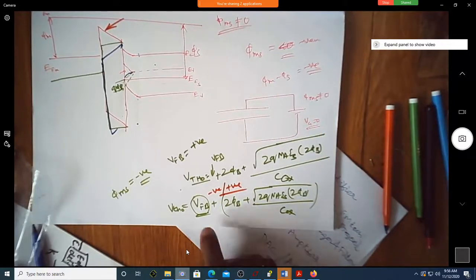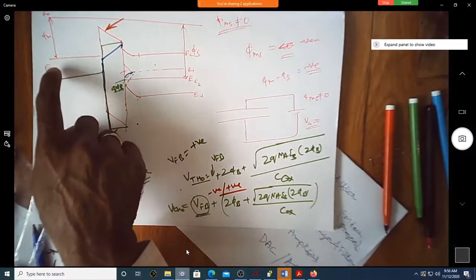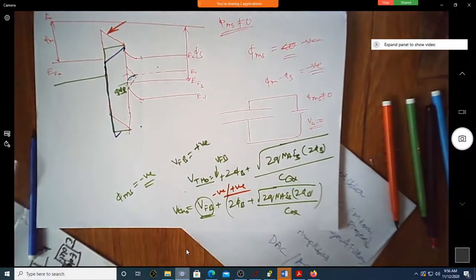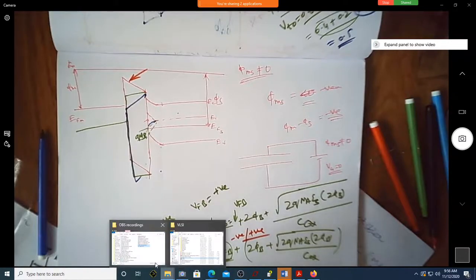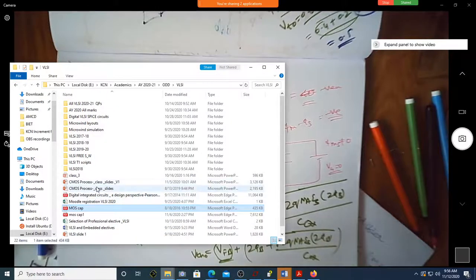So can I adjust the threshold voltage by changing the phi m of this? Phi m of this. Yes, sir. So maybe let me show you that. There is something called a process.